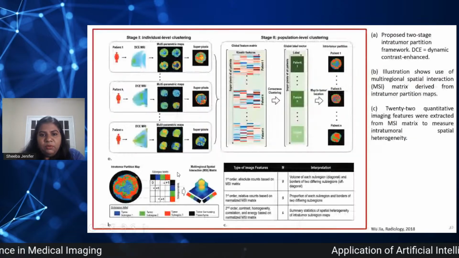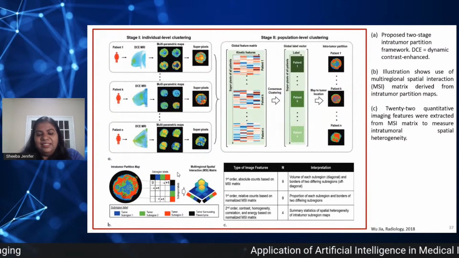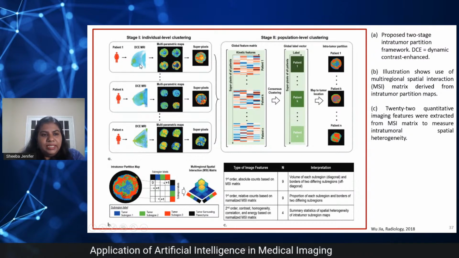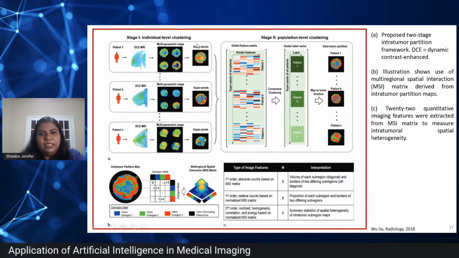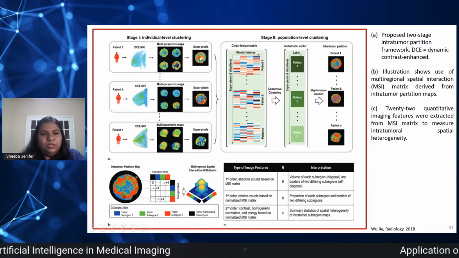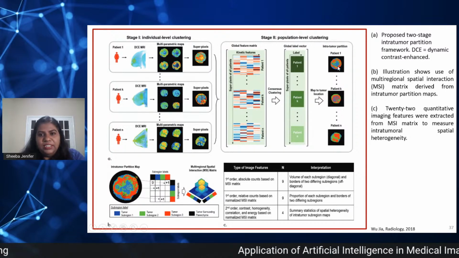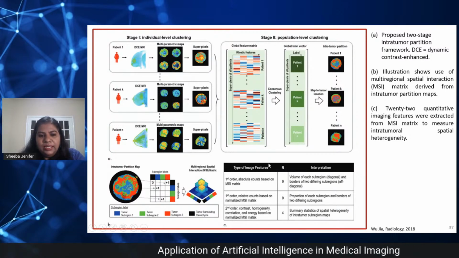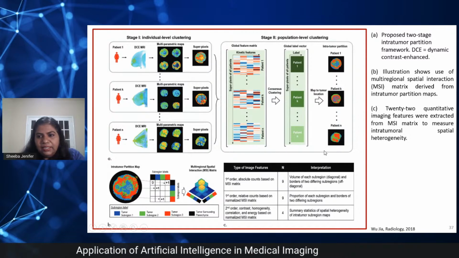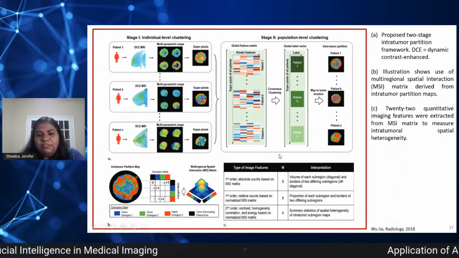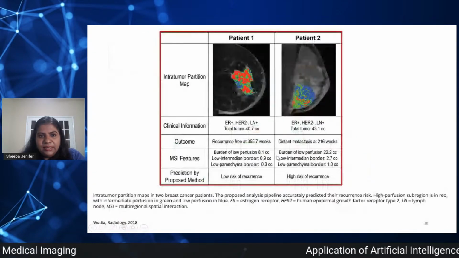That's his main work, mainly involving cancer treatment and prediction, mainly on breast cancer, and similar habitat techniques were applied to identify the heterogeneity of the tumor region. You can see 22 quantitative MRI features were extracted from these tumor regions in the breast.